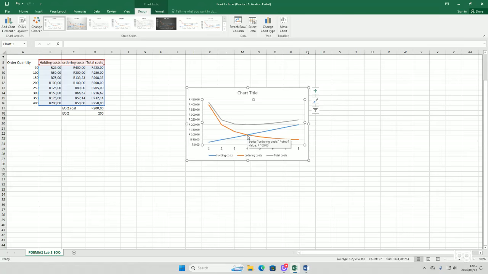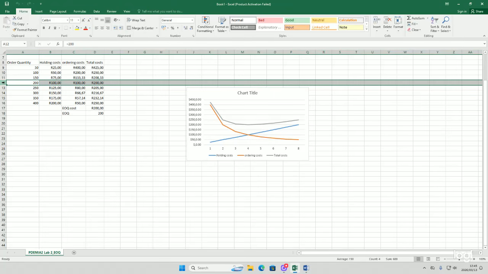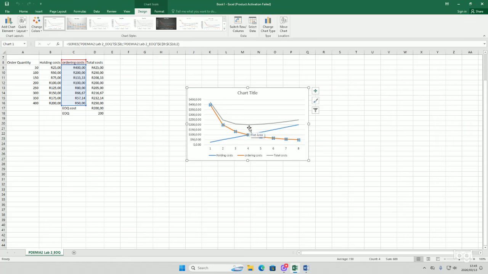Okay, ordering cost. Okay, now we are viewing ordering. Yeah, there is ordering cost at 100. Ordering cost at 100. Yes, there it is. Ordering cost at 100. So it's this point. So this point, since we said you see total cost at 200, that's our EOQ cost at 200.